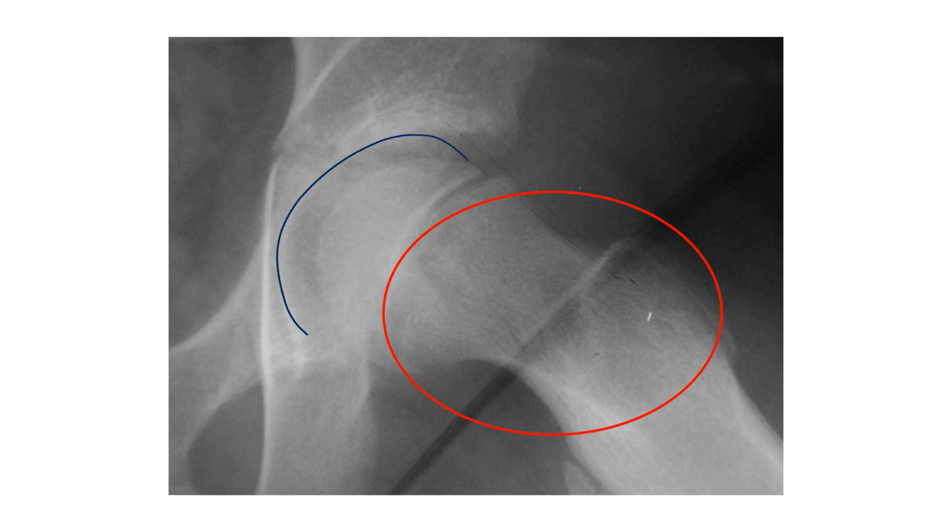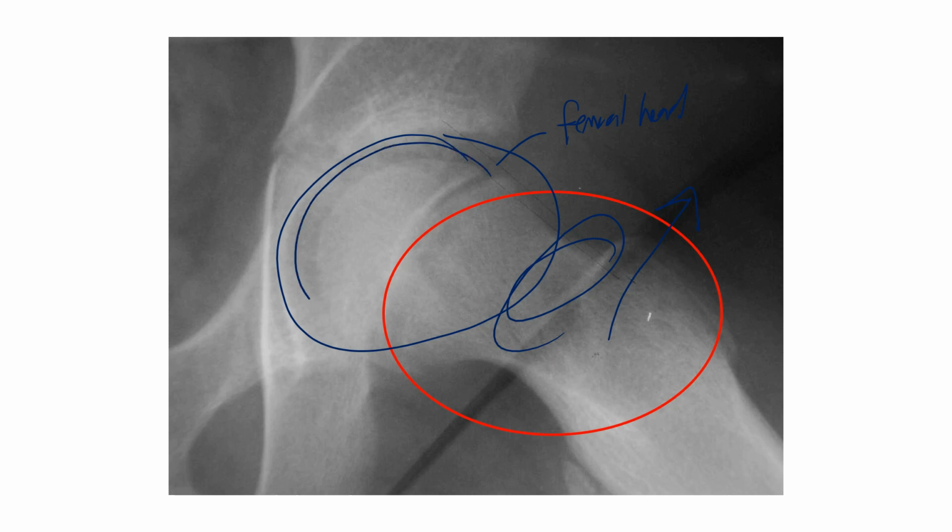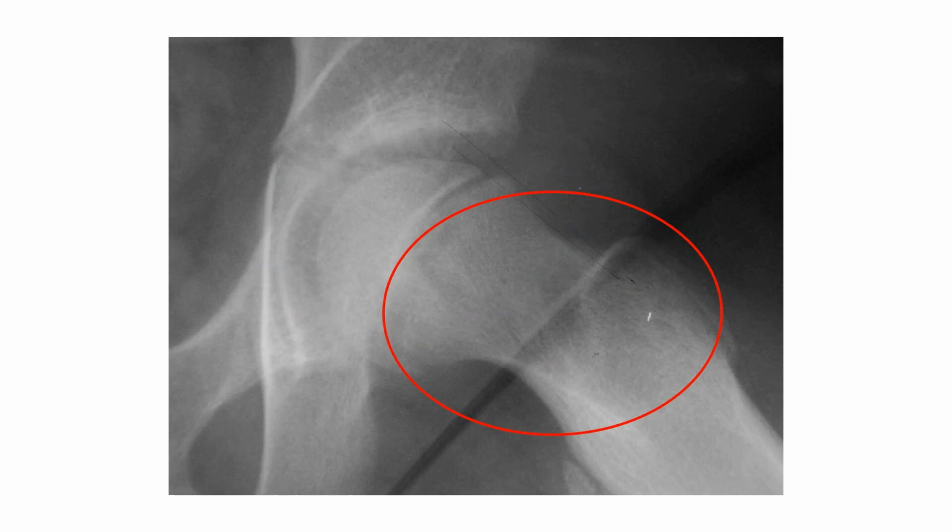What does that look like? Here's the femoral head. It's not necessarily that the femoral head has slid down per se. It's really the fact that it has slid at the physis. It has slid upwards and has gone kind of backwards posteriorly. So it looks as if this has slid down.